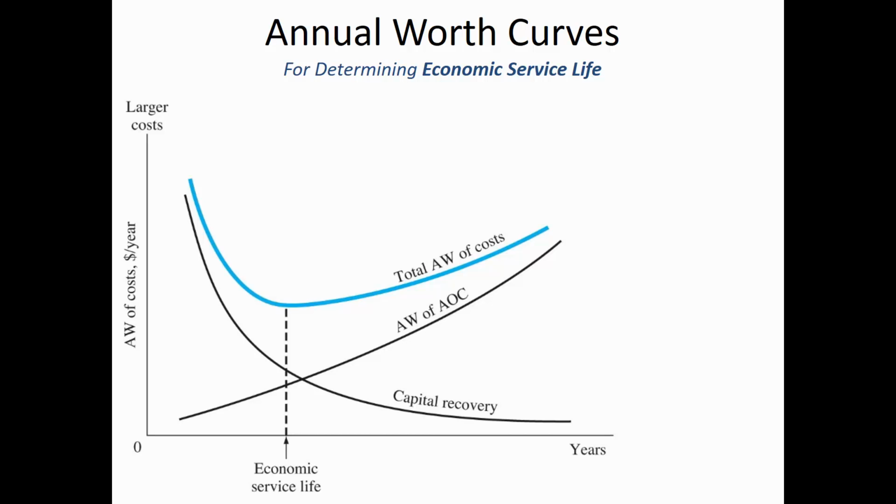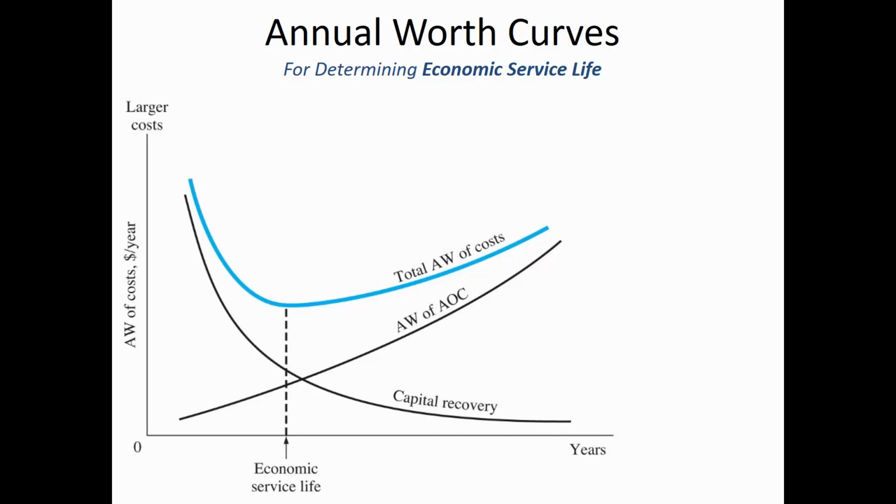So let's say that this represents a car, just for sake of description. And if we only keep a car for 2 years before we get rid of it, let's look at where our costs are. The AOC means annual operating costs. So if we sell a car after just 2 years, our operating costs are low because we're not putting a lot of money into repairs.